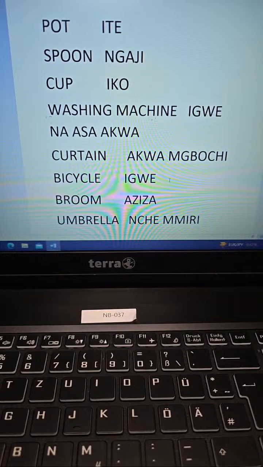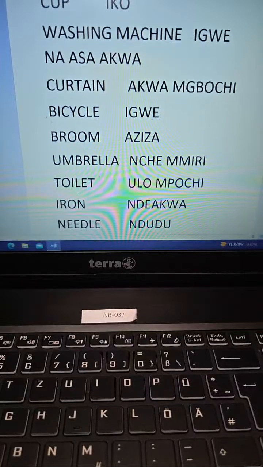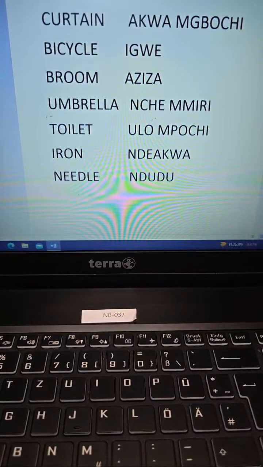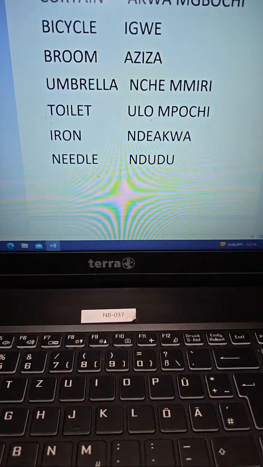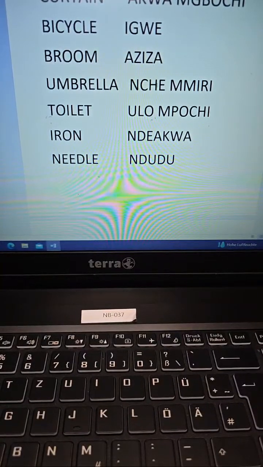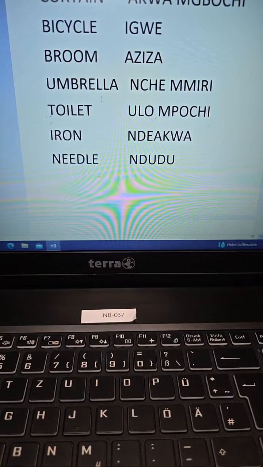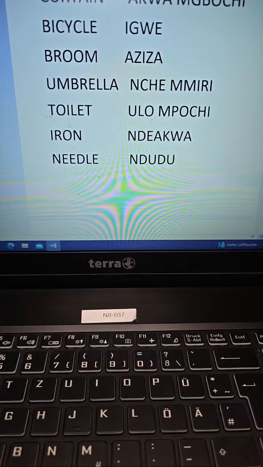Broom, azịza. Umbrella, nche mmiri. Toilet, ụlọ mpochi. Iron or electric iron, ndo akwa.